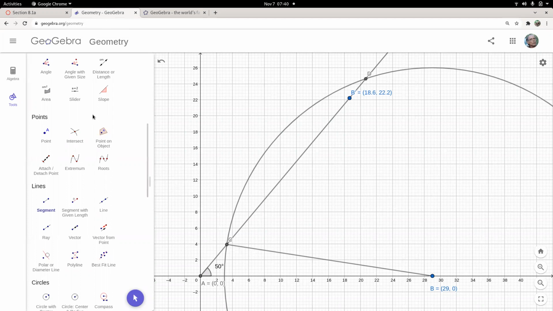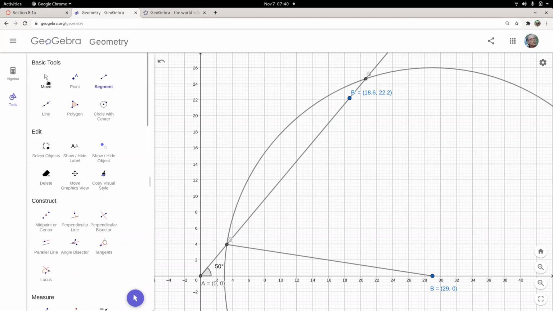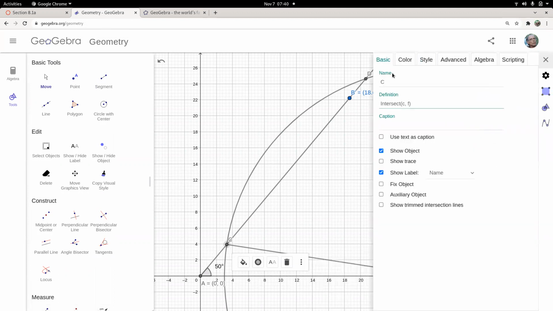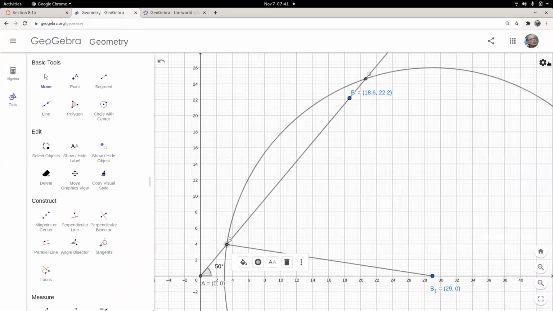So I'm going to take that and rename it so it's not so confusing. So I just click the move tool, click on the object, and then the 3-dot button lets me get into its settings and I can rename it. And if I call this B, it's going to rename the other B for me, which is kind of cute. Enter. So that's now B, and they're calling that B1.